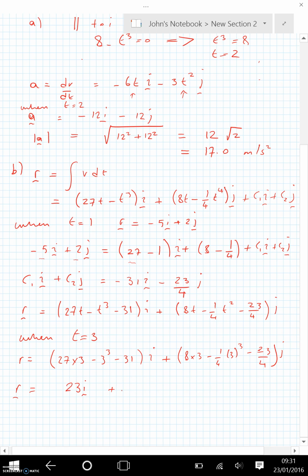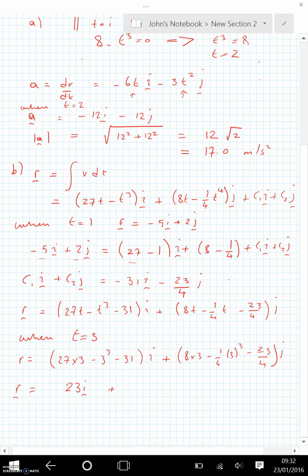And this here is 8 times 3 minus 27 divided by 4, is what I've keyed into my calculator at the moment. I don't want to be typing fractions in. Minus 23 divided by 4. There is a mistake. It didn't feel right.